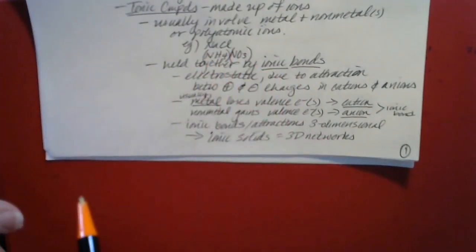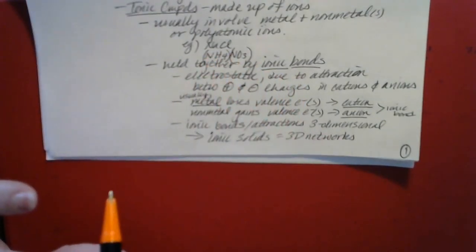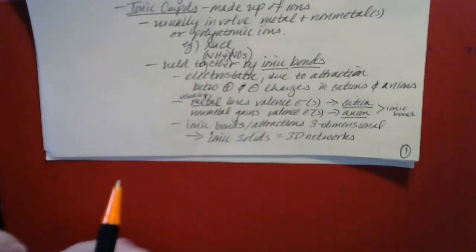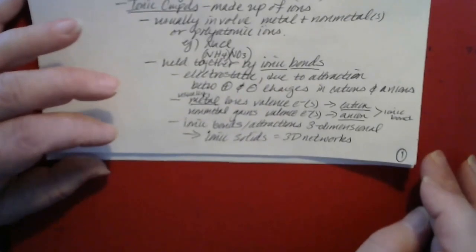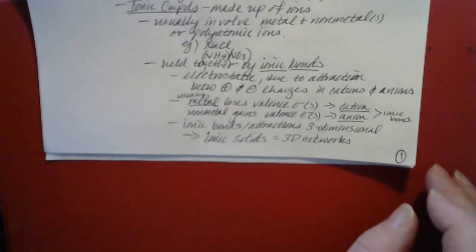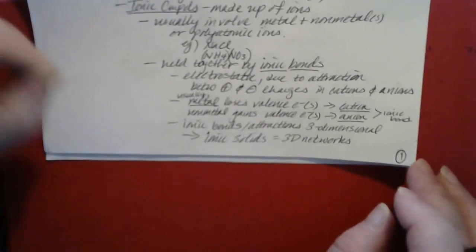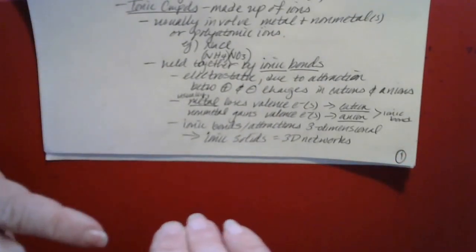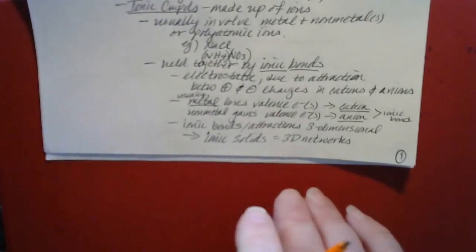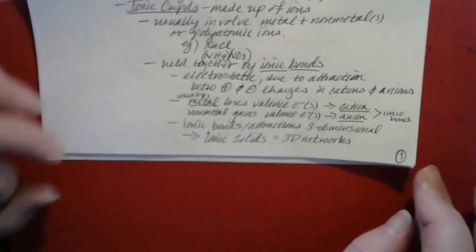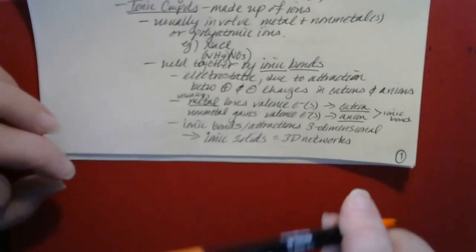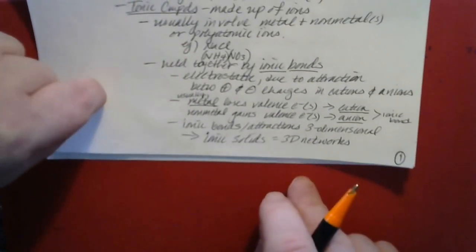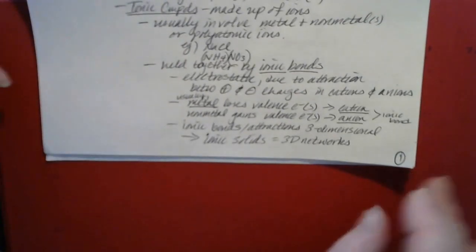For ionic compounds, the formula we cite is the empirical formula for the compound. If you have a chunk of sodium chloride, even if it's just one little individual grain of sodium chloride, that grain will contain literally trillions and trillions of sodium ions and trillions of chloride ions. But when it all comes right down to it, whatever number of sodium ions it has, it will have the same number of chloride ions.